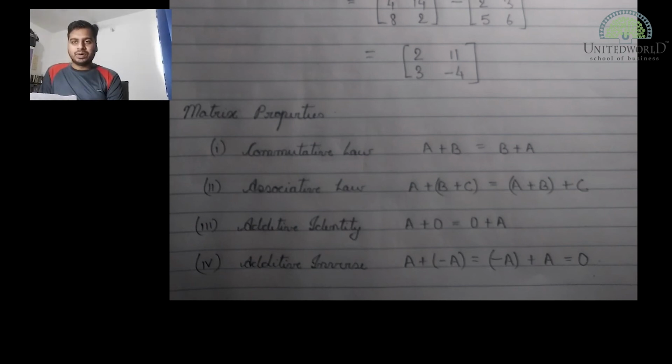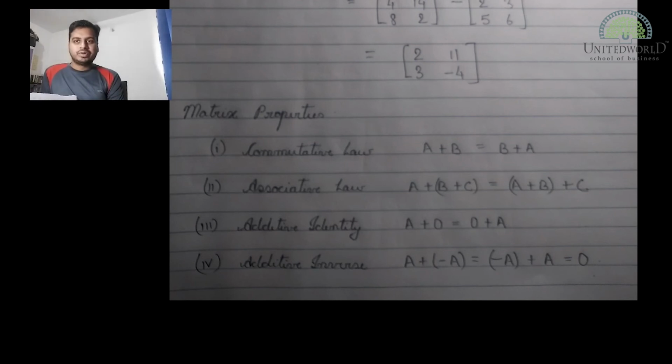Similarly, matrix has the additive identity, that if you add a null vector, which is called null vector in linear algebra. Here we call it a zero matrix, or null set as you call it in set theory.